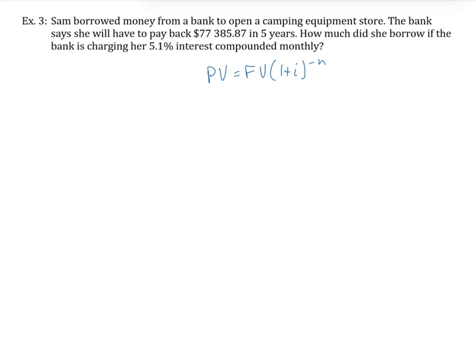But this one talks about somebody who borrowed money from a bank, okay, to open a new business, to open a store, and the bank said you're going to have to pay back this amount in 5 years. How much did Sam borrow at the interest rate compounded monthly?